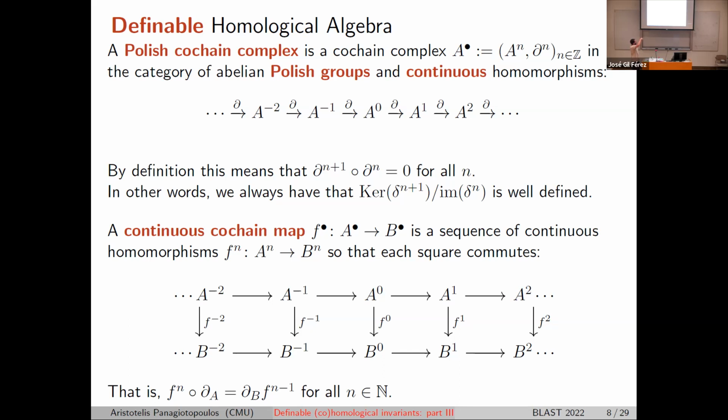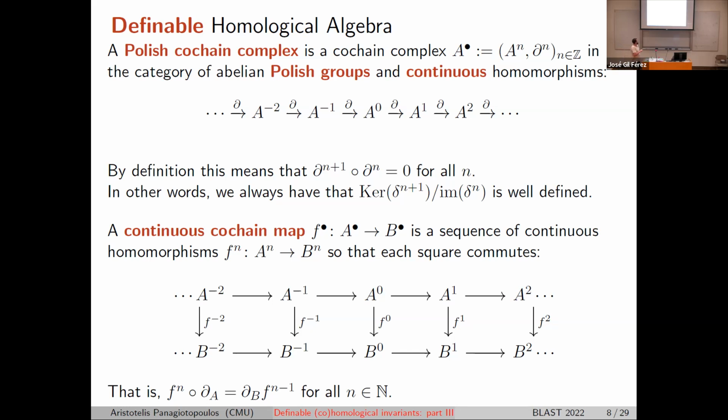The square commuting means this identity holds, right? Well, since we're working with Polish groups and continuous maps, we just ask for these vertical maps to additionally be continuous. This is the only thing we ask, right?